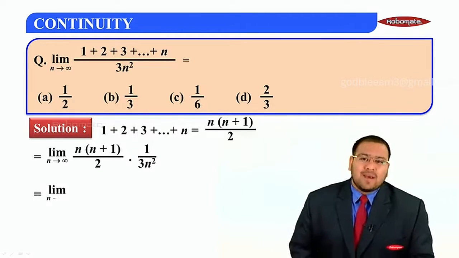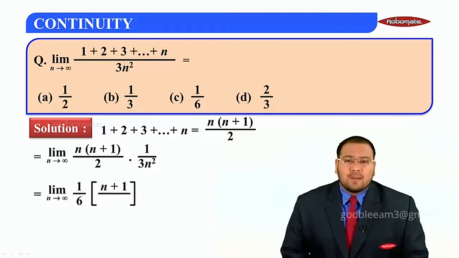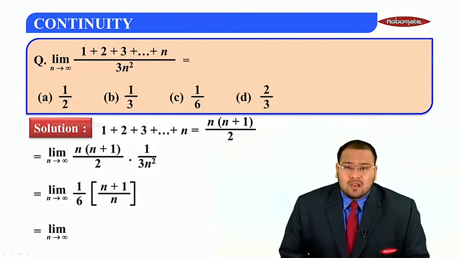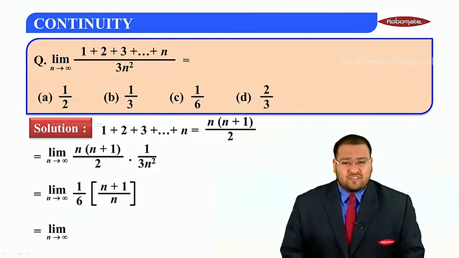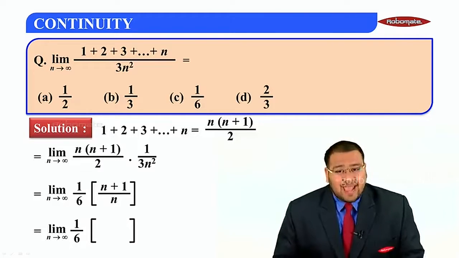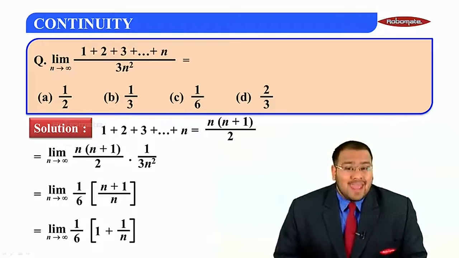So keeping 1 by 6, it would be n into n plus 1 by n. As a result, the limit as n tends towards infinity of 1 by 6 into n, and n gets cancelled, and the equation would be 1 plus 1 by n.